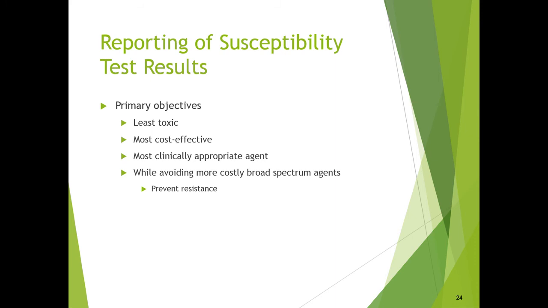So your broad-spectrum antibiotics are very costly and expensive. They can also promote resistance among organisms. They can kill off a lot of your normal flora, causing you to get an opportunistic infection. So ideally, we want to get patients on a narrow-spectrum antibiotic.